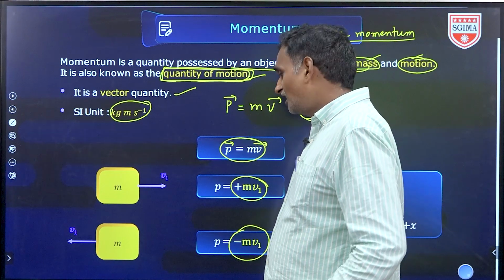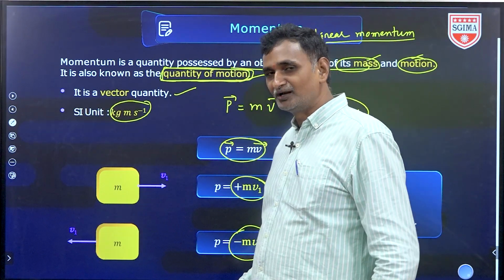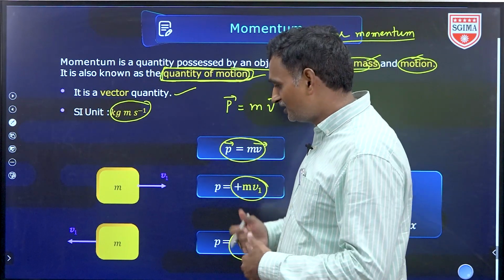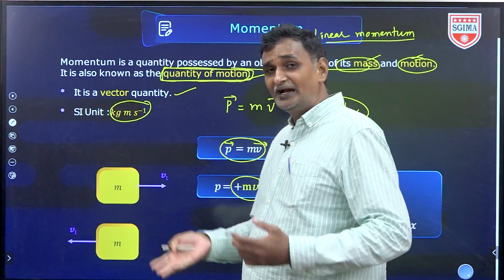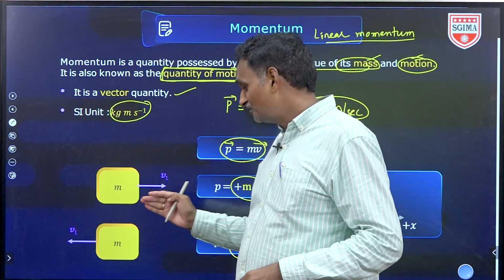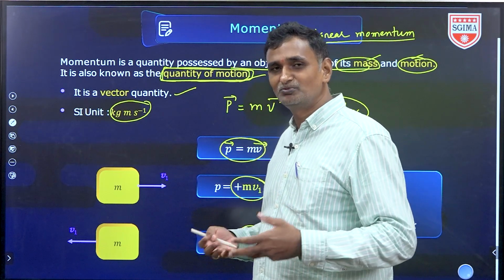Sir, why should we always take the left side as minus? Why don't we take the right side as minus? Yes, you can. If the question itself explains the object moving left initially and later going right, you can take the initial as plus and later the right side as minus; there is no problem.